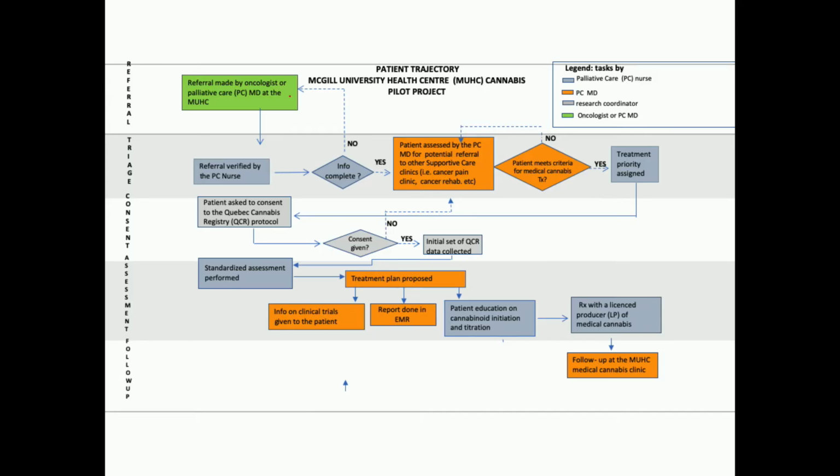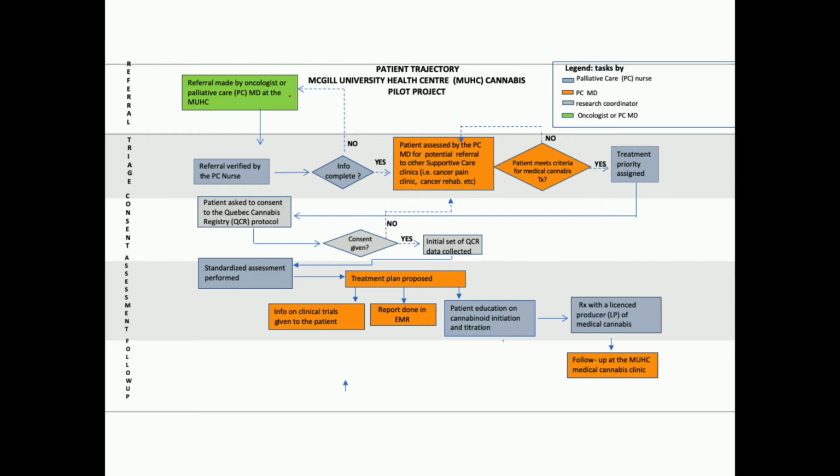So first of all, the principle underpinning our work was that the patient had to be assessed first by a supportive care team, whether it was the consultation team on the wards, the outpatient hospital, or the cancer rehabilitation program.